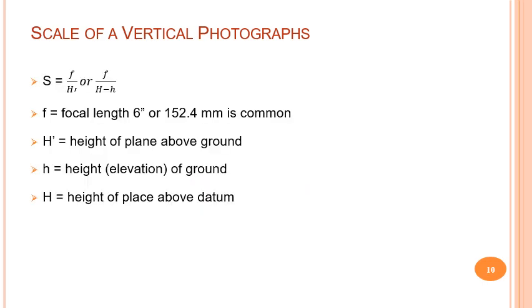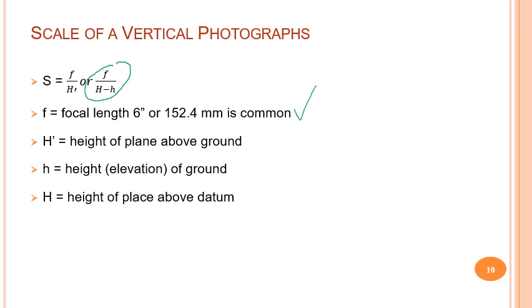Scale of a vertical photograph, capital S, is equal to the focal length f divided by H dash, or S is equal to small f divided by capital H minus small h. F is the focal length, generally 6 inch or 152.4 mm, which is a common focal length.